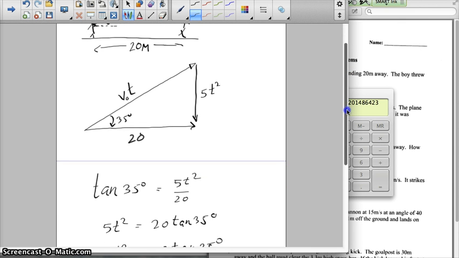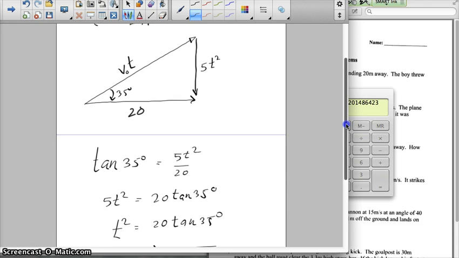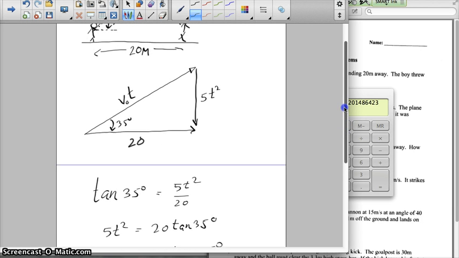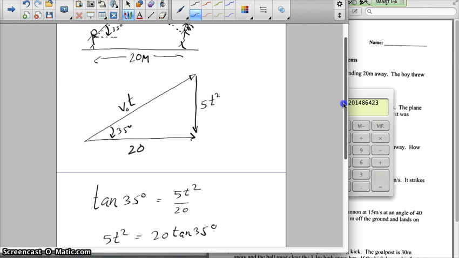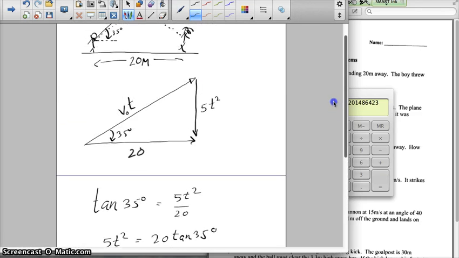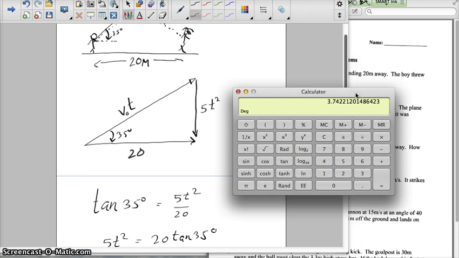And then I can now find my initial velocity. So now that I know t, this side here is going to be t squared times 5.